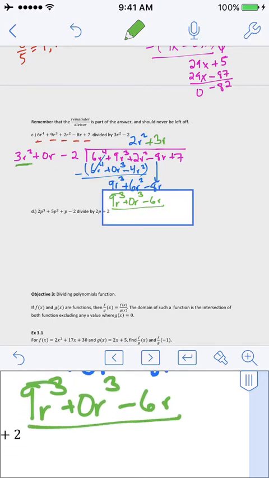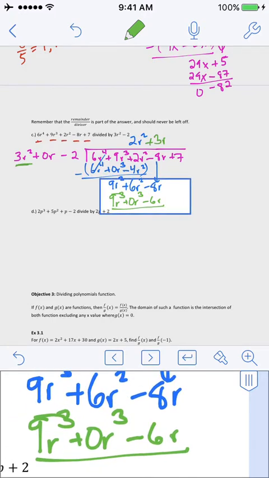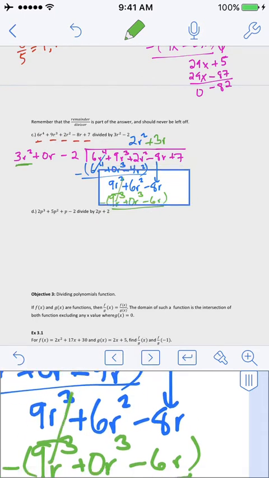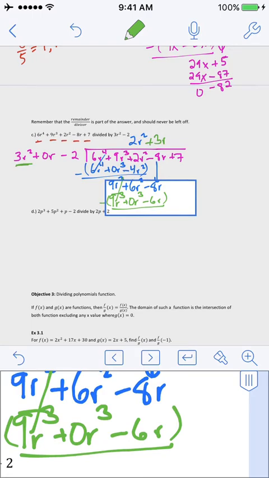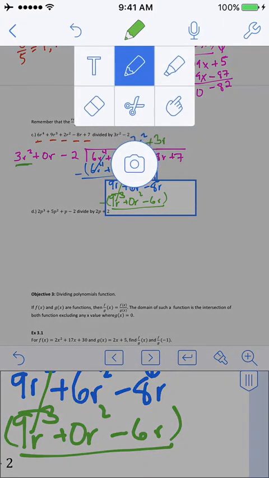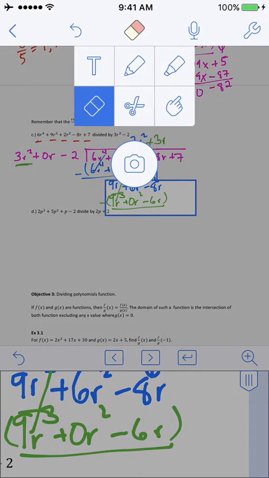Then we subtract them, right? The 9's cancel each other out. Oops, I'm so sorry, this should have been a squared, not a cubed. Okay, so a squared. Subtract them.